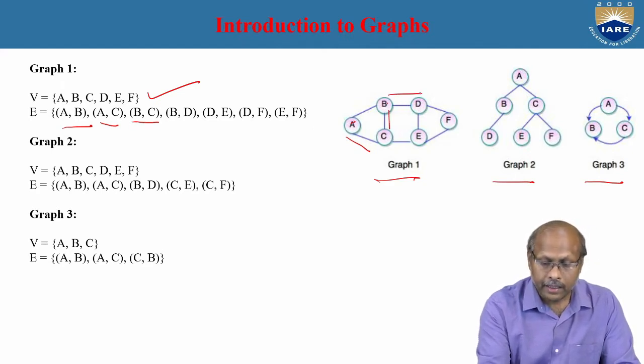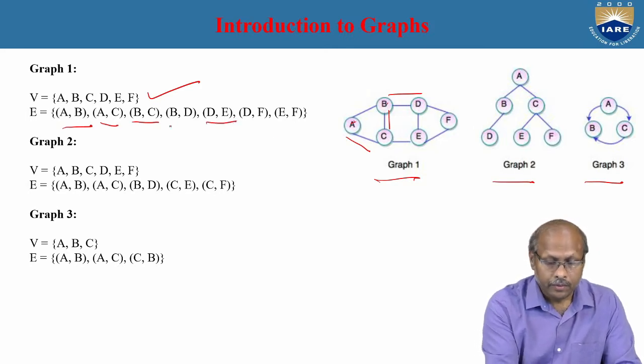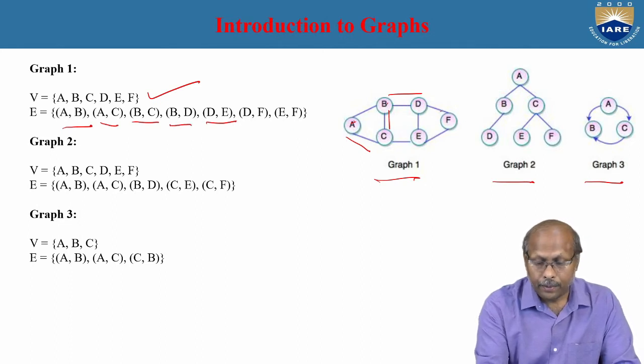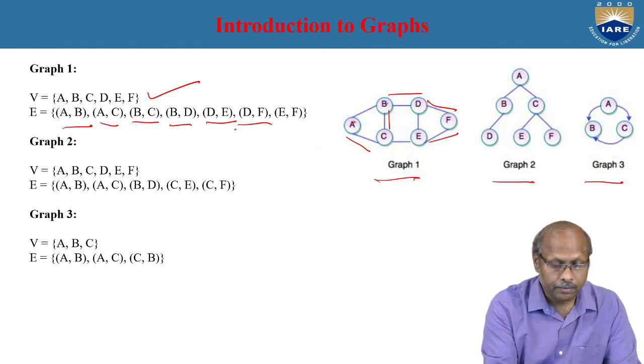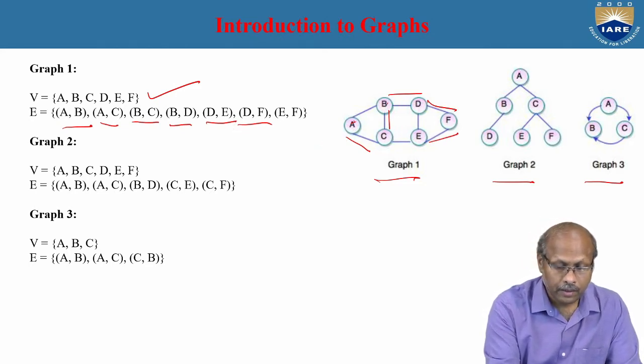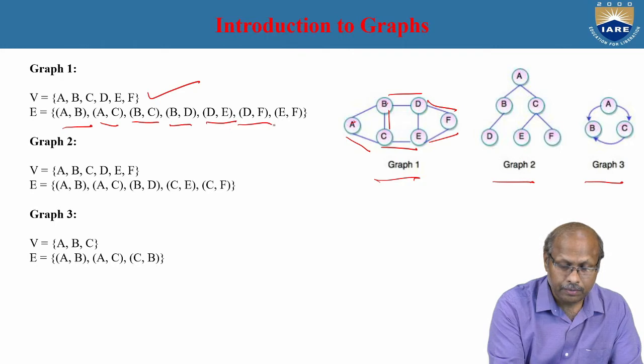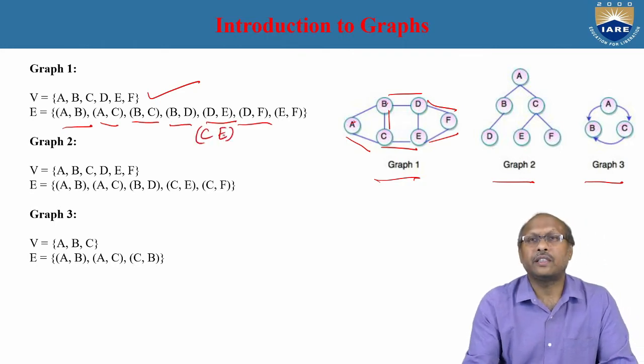B and D here. D and E here. And D and F here. And E and F here. And C, E. C and E is also one of the edges. Like this you can make a set of edges.